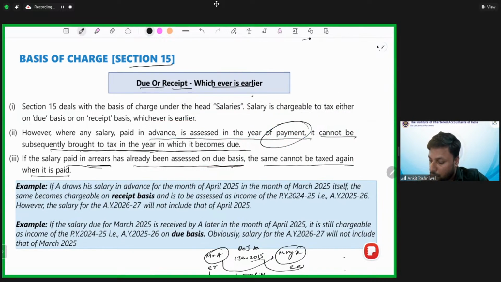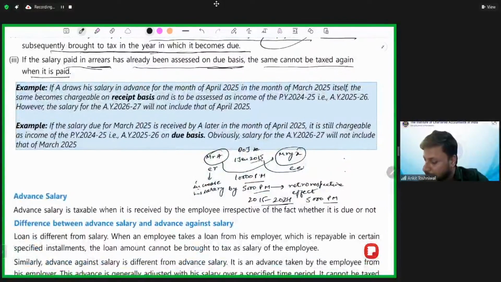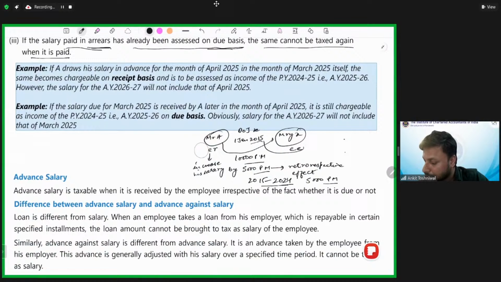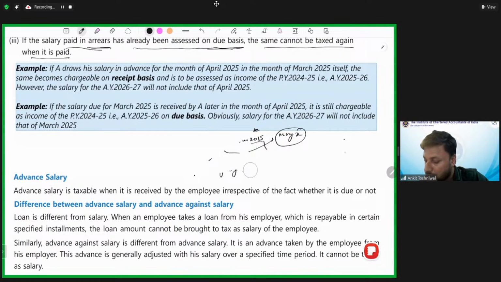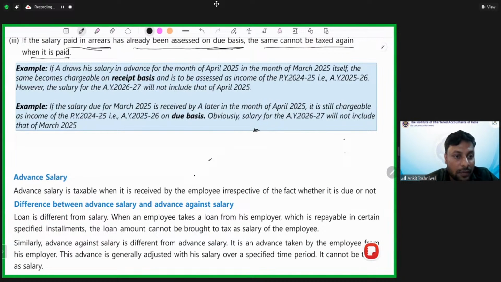Now we will see an example. Example number 1. If Mr. A draws his salary in advance for the month of April 25 in the month of March 25 itself, the same becomes chargeable on receipt basis.